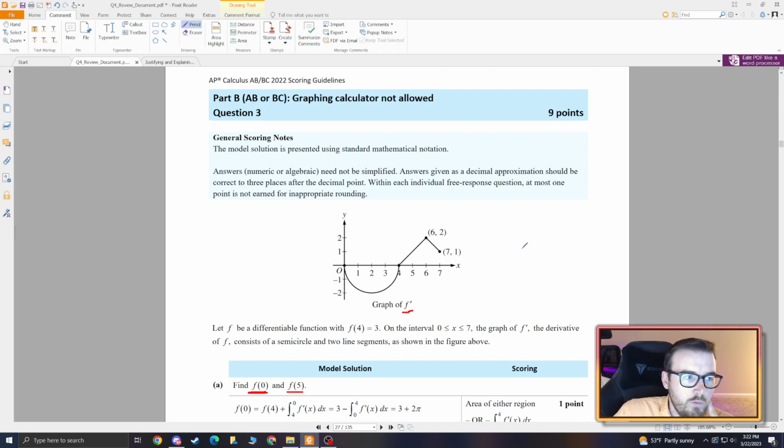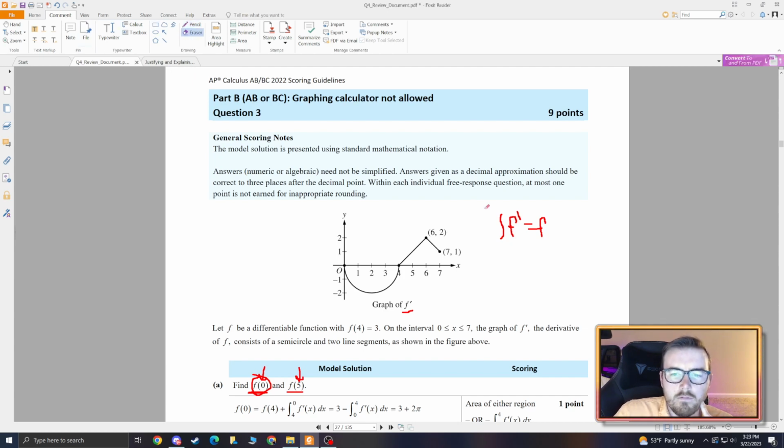Well, we all know that the integral of f prime is f, okay? The integral of f prime is f. That's pretty useful. We're trying to find f. We're trying to solve for f at 0, and we're trying to solve for f at 5. So how do we solve for those specific values?